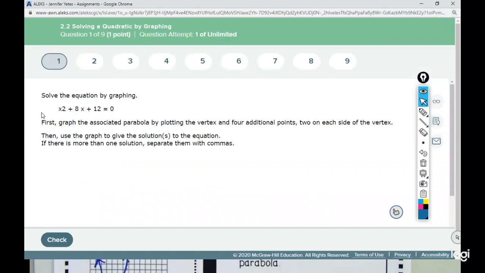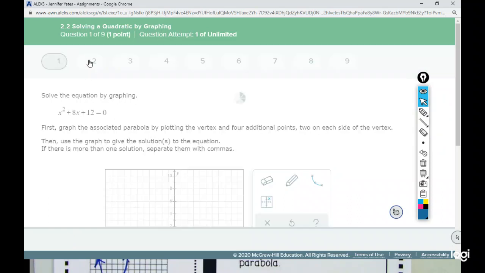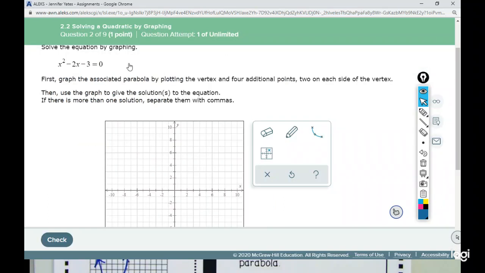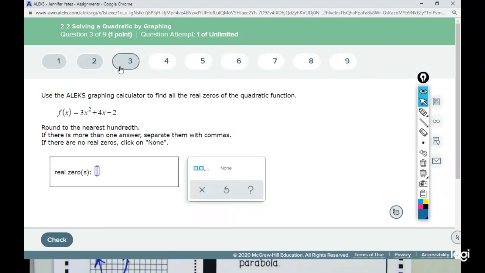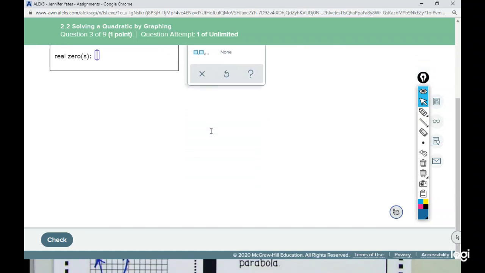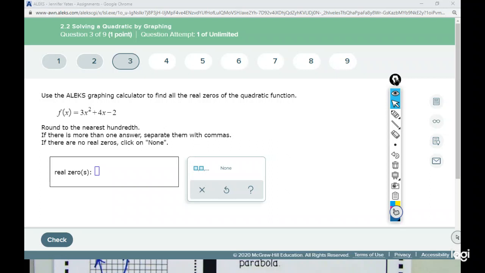The first couple, it's going to make you graph, and they'll go through in pretty locations. But here, and I think you guys are going to like this.